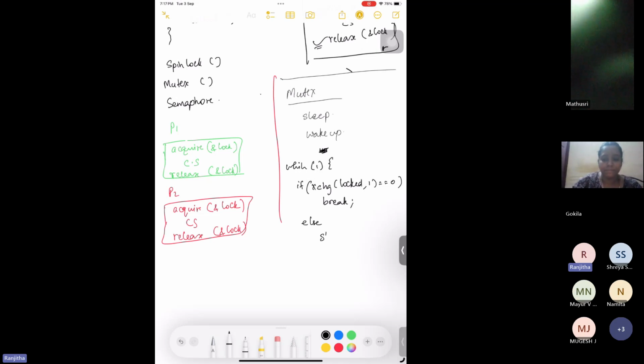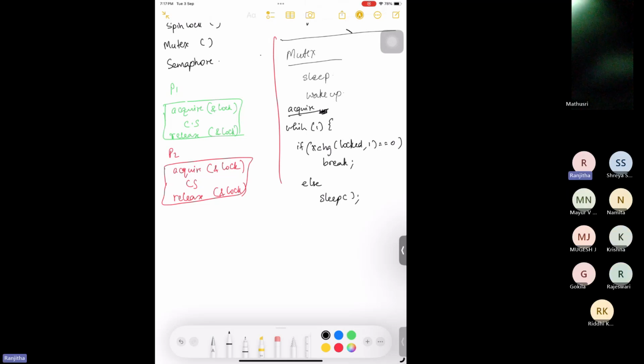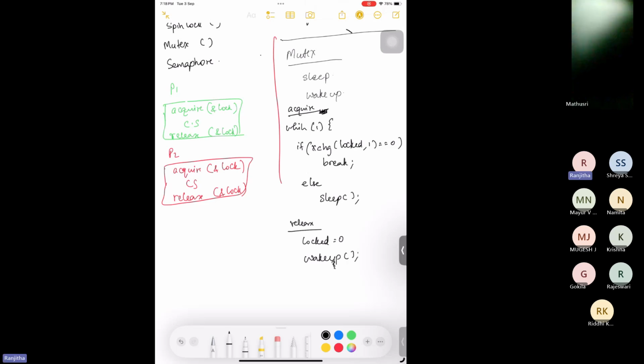Otherwise we go to sleep here. In the release part, we make locked equal to 0, and then we do a wake up. So this prevents the busy waiting mechanism. This is what mutex is.